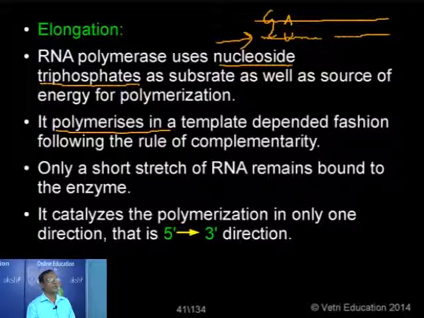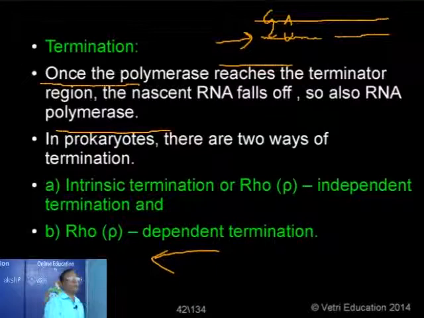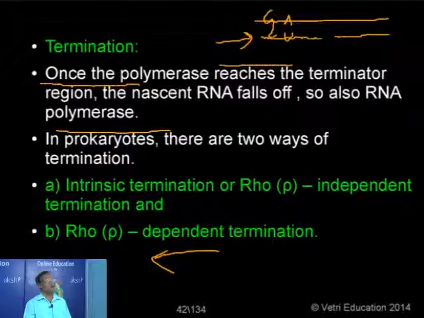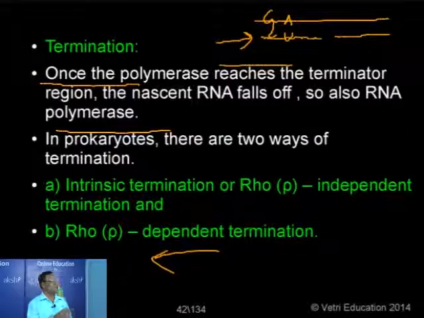In all three cases the synthesis occurs only in the 5' to 3' direction. It never occurs in the reverse direction of 3' to 5'. Don't forget. Okay. So this is the elongation, nothing but the polymerization process performed by the enzyme RNA polymerase with the help of energy provided by guanosine triphosphate.